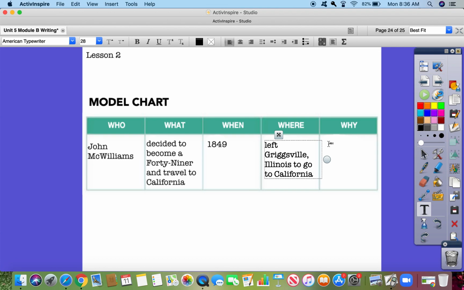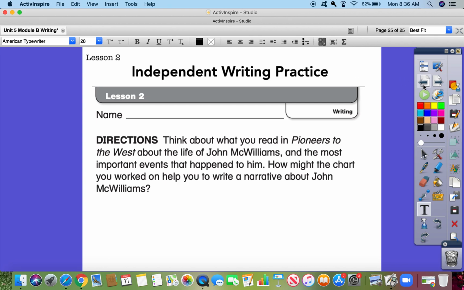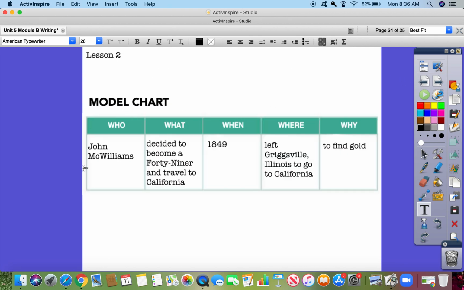And why? Why did John McWilliams leave? Like the rest of the 49ers at that time, they left to go find gold. To find gold. Okay, so we filled out this chart.